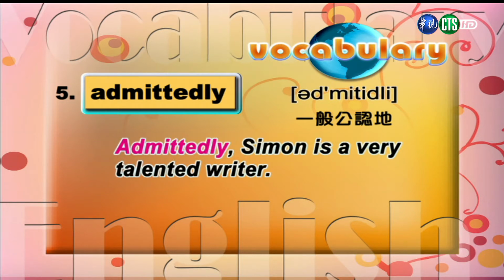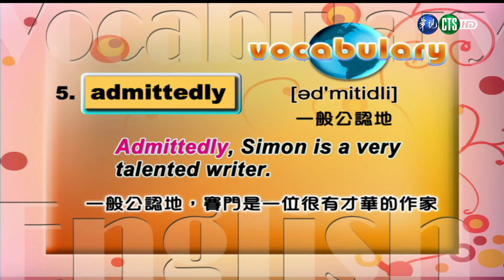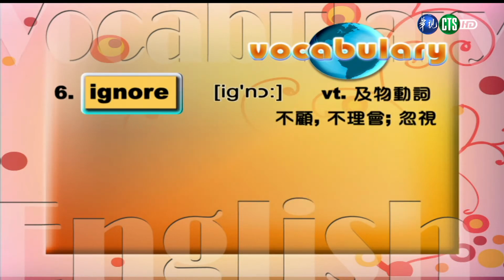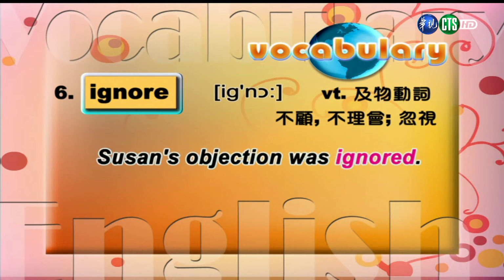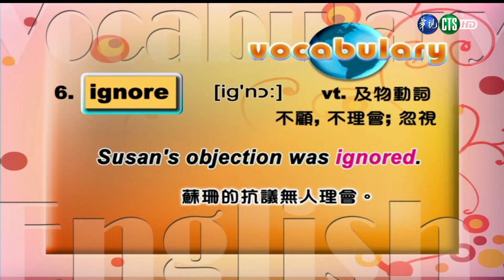Admittedly, Simon is a very talented writer. Number 6, ignore, verb, meaning to disregard. Susan's objection was ignored.